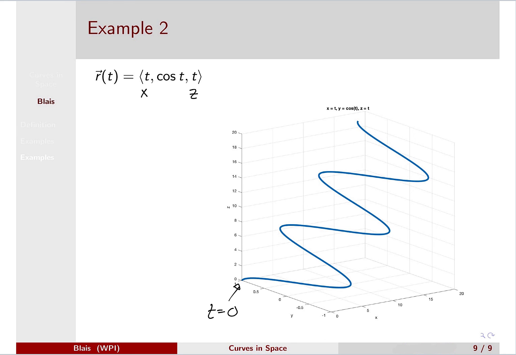And as we run the clock, both the x and the z coordinate are increasing at the rate of t. And so the x coordinate is moving to the right, the z coordinate has us moving up, but this y coordinate you see here is oscillating between -1 and 1. And so that's what results in this slither path.